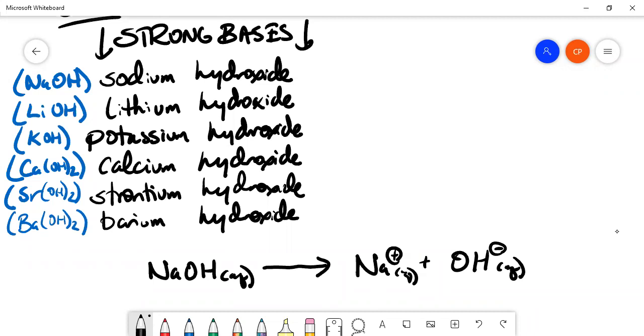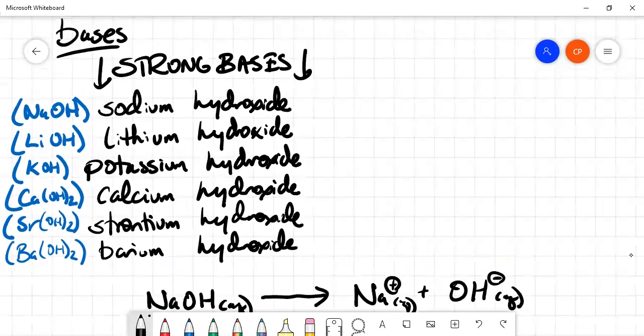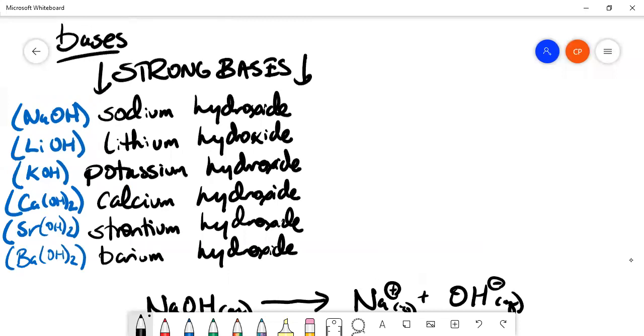And what's more, when I actually go to start building my list over here of the weak bases, I can build off the same pattern.